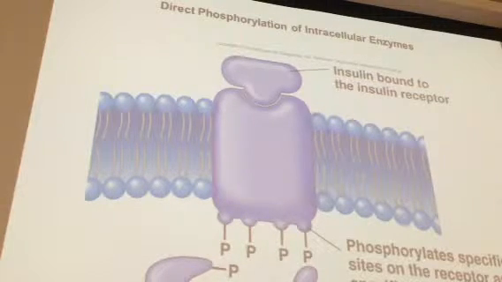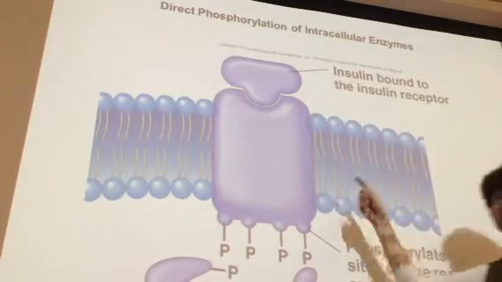What is the receptor acting as? Which of those molecules that we've talked about previously is the receptor functioning as? Protein kinase, exactly. The receptor itself is the protein kinase. So here's the receptor.